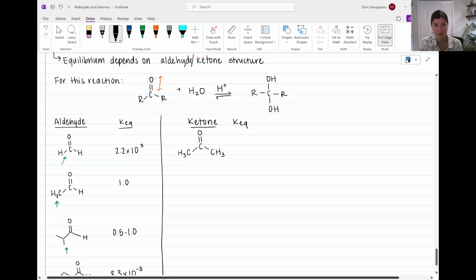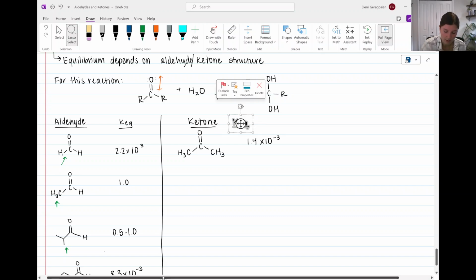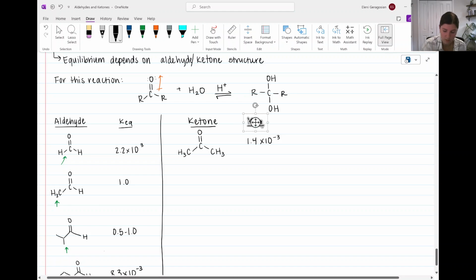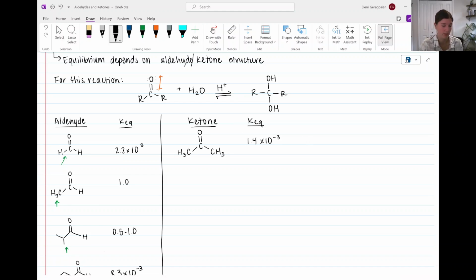If we're comparing the simplest aldehyde, formaldehyde, to acetone, acetone now has two electron donating groups. The methyl groups are electron donating, so we expect the KEQ to be lower than the KEQ for formaldehyde, and that is the case. The KEQ is 1.4 times 10 to the -3. So a pretty large magnitude lower than the KEQ with formaldehyde, because we have these two electron donating groups, the methyl groups.